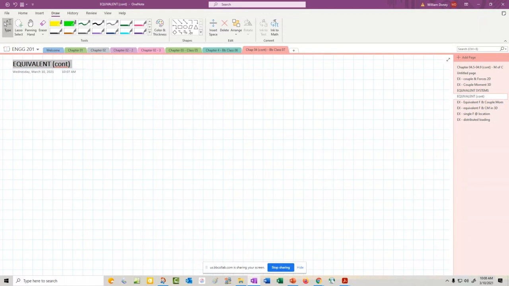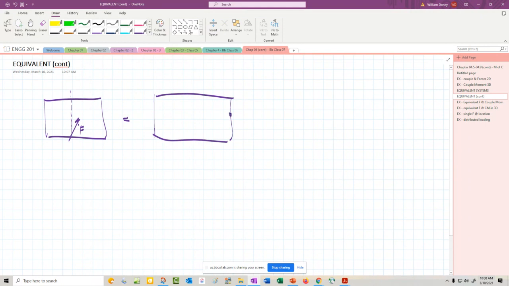All right, so we saw that we just slid that. What if we have that same object and the force now is here? And we want to find an equivalent system where the force is, say, over here.